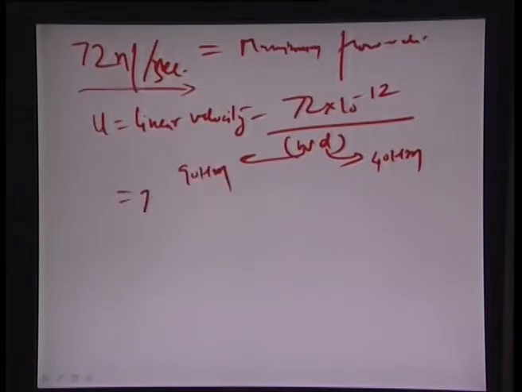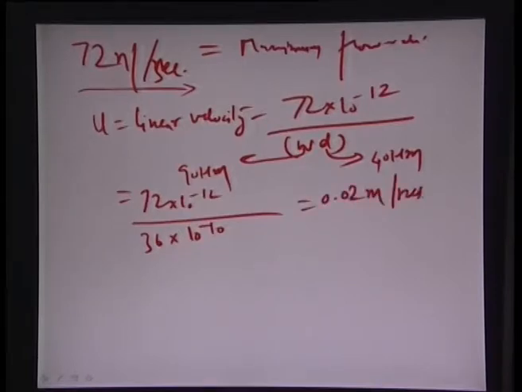So, it is 72 times 10 to the power minus 12 divided by 36 times 10 to the power of minus 10, and this comes out to be about 0.02 meters per second.